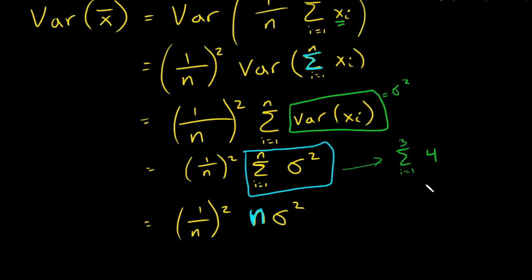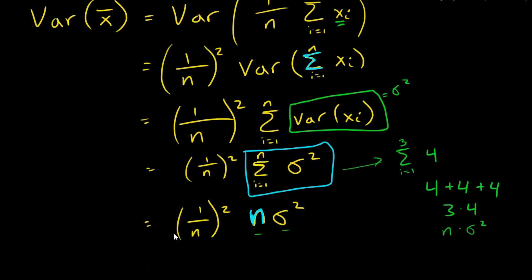When I sum 4 three times, I get 4 plus 4 plus 4, which is the same thing as 3 times 4. So I've summed up n times the same thing. That's how I'm getting n times whatever that sigma squared is. So that's what you see here.